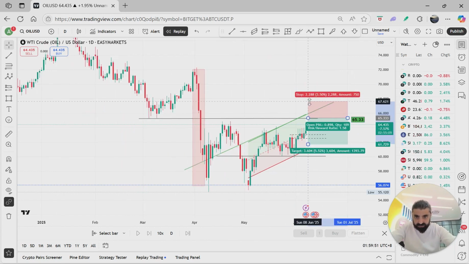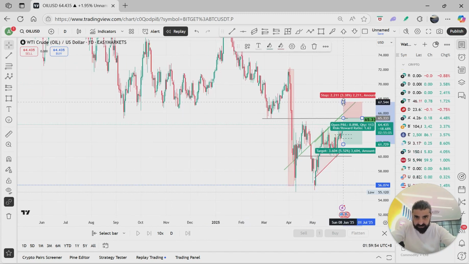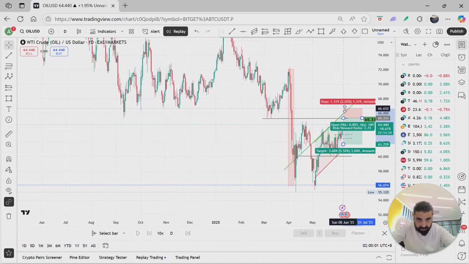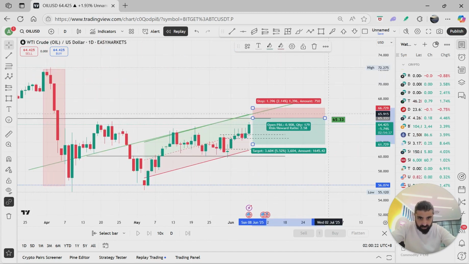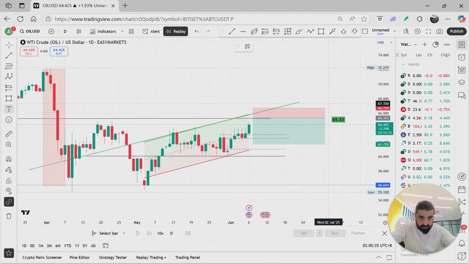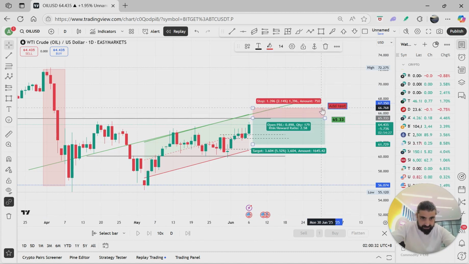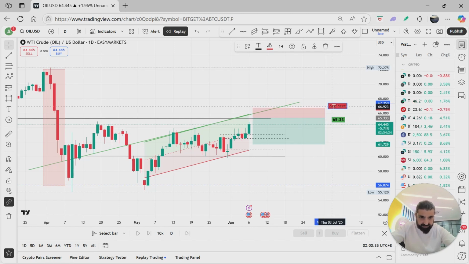Our stop loss is going to be here. So our stop loss is at around 66.77 level, right?